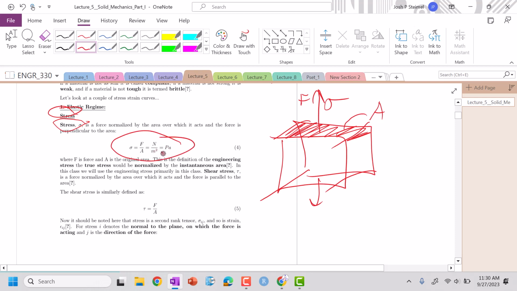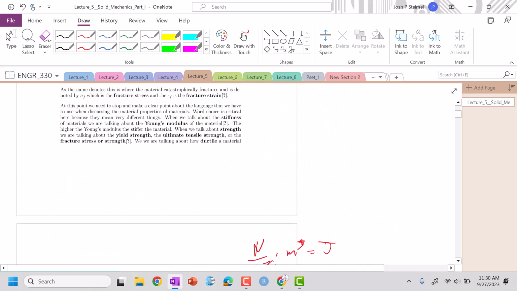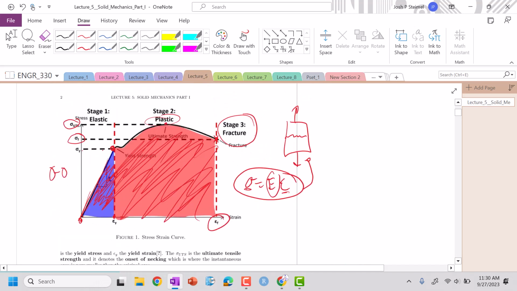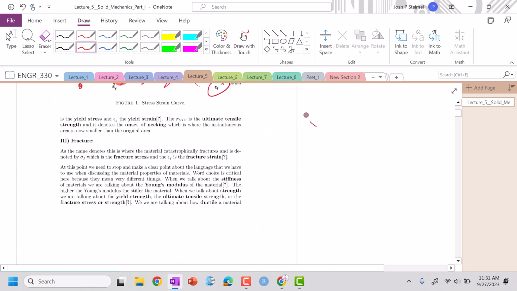It is in units of newtons per meter squared, or pascals. This is actually engineering stress, so this area A naught is my initial area. As you deform your system, you can observe necking and other components. In this stress strain curve, the ultimate tensile strength is the onset of necking, and necking is when your sample starts to thin.